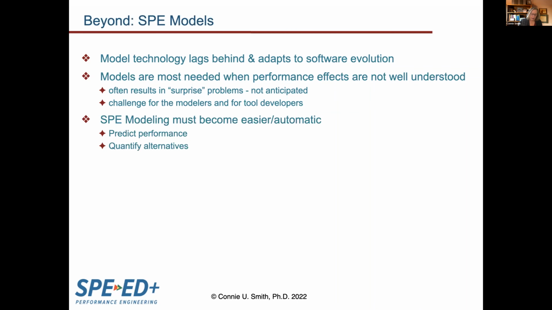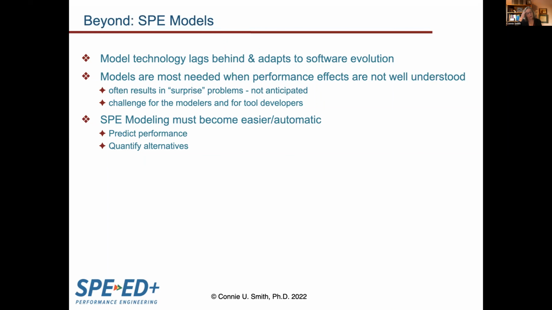And I am still of the opinion that modeling needs to be easier and it needs to be automatic. We need to be able to predict the performance, and we need to be able to quantify alternatives in a way that a non-expert can look at those results and make some conclusions about their software design and implementation before it's deployed. That's still going to be a challenge.